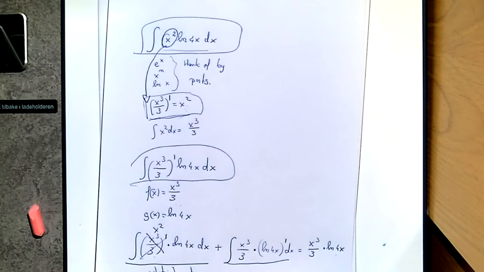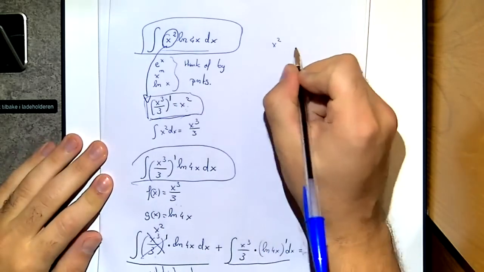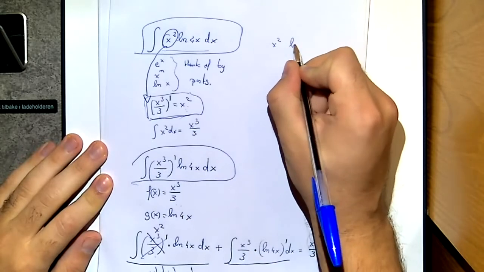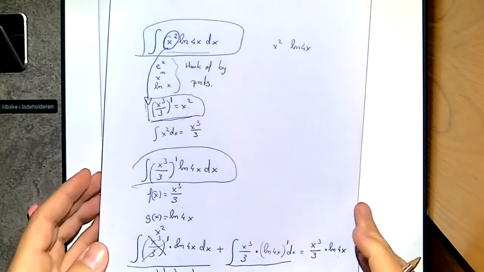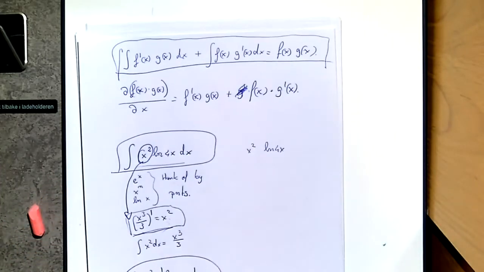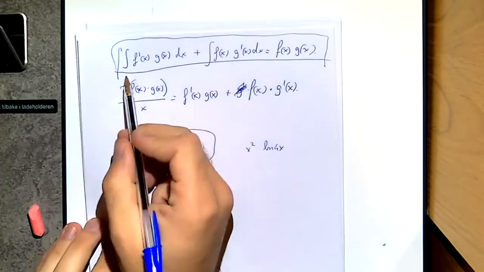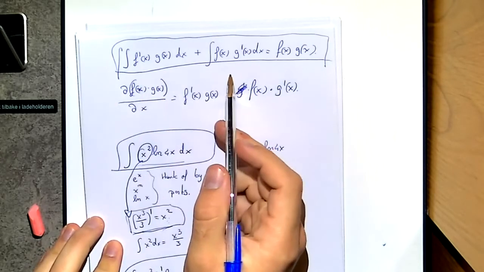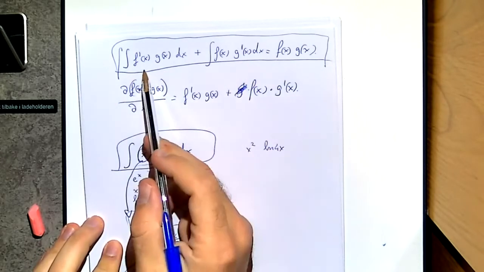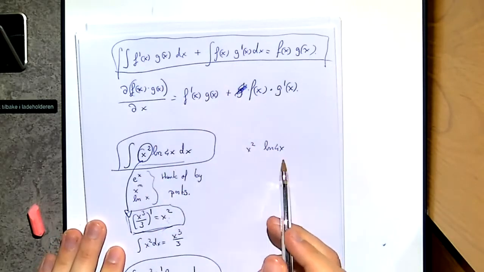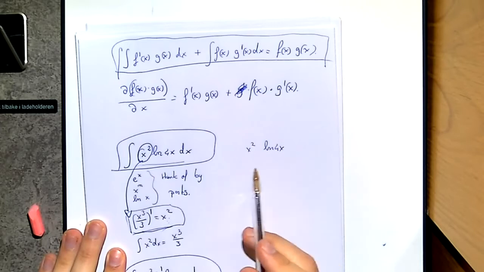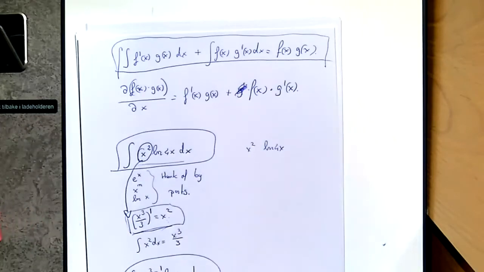I cannot apply the by parts formula to my x squared and log of 4x, because let's look at my formula. In both the integrals, I have a derivative. Whatever integral I choose, there is a derivative there. And in these two, none of them are derivatives. So that's why I integrate one of them first, so I can apply the by parts.